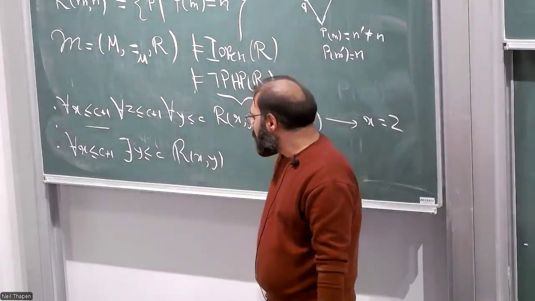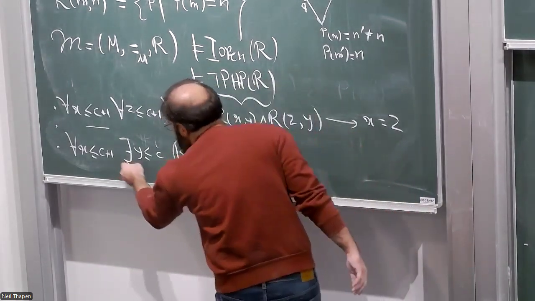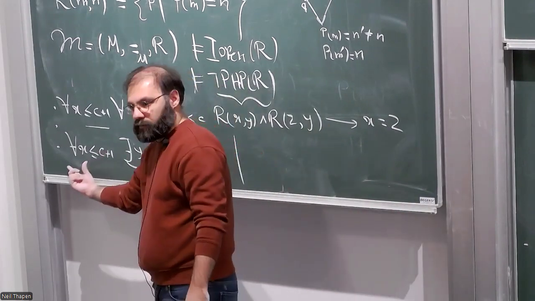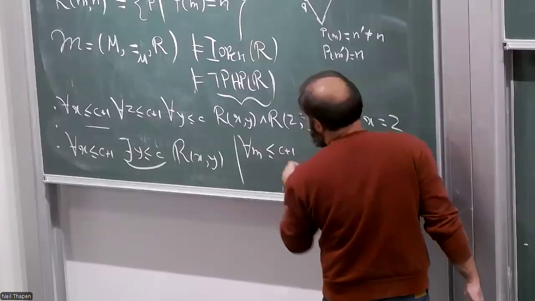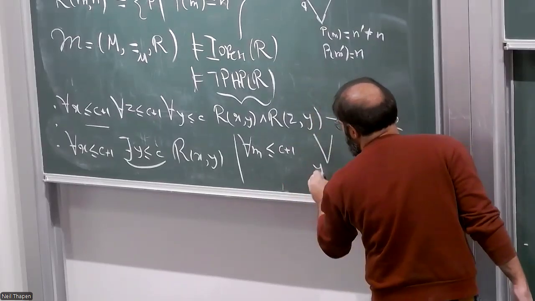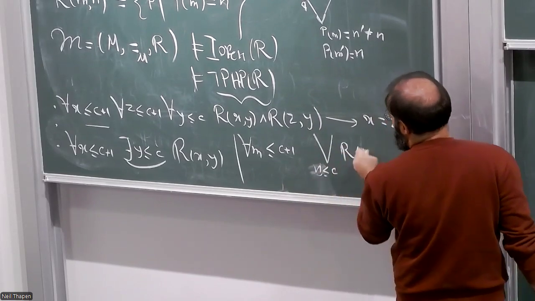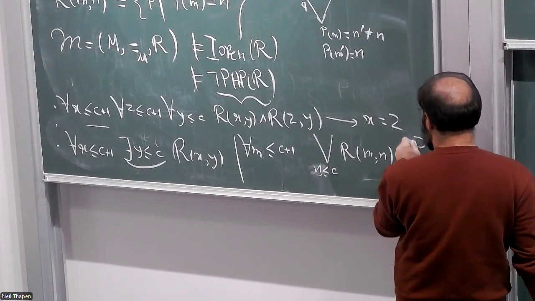So how to check the totality? The totality is this. It simply says, remember, existence is double negation. It's not just the usual existence, but this is just for all. So the only thing that I have to prove is that for any M less than C plus 1, this guy, let's say N less than C, R M N is 1. 1 means the whole P, right?